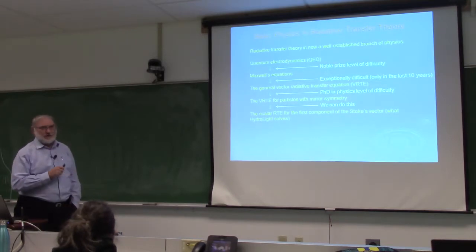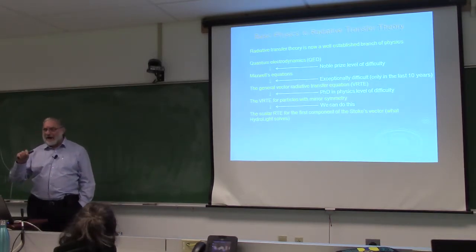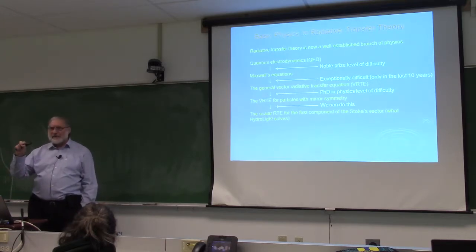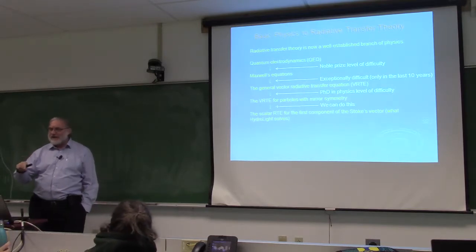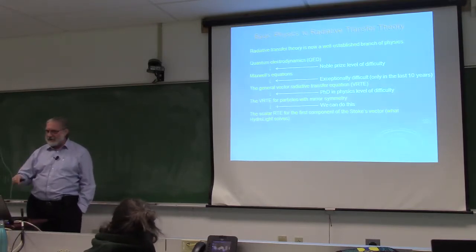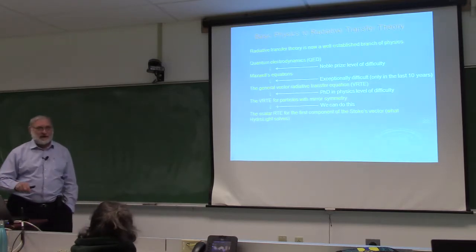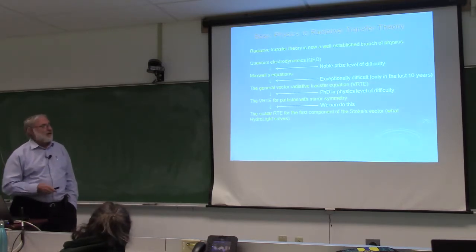You can make predictions from QED that have accuracies compared to experiment of order 1 part in 10 to the 12th. That's equivalent to measuring the circumference of the Earth to within 0.04 of a millimeter. It's phenomenal accuracy. One of those predictions may take a year or more of computer time to do the calculations. So it's correct, it's not too useful for everyday life.